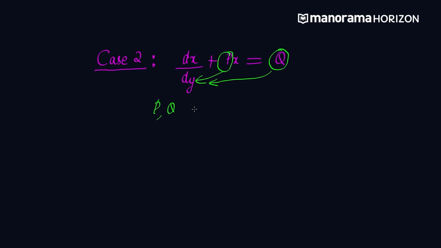Now the second case is case number 2, that is when the differential equation takes the form dx by dy plus p into x is equal to q, where p and q are functions of y. That is, p and q can be constants or functions of y, and solved as per the previous case.